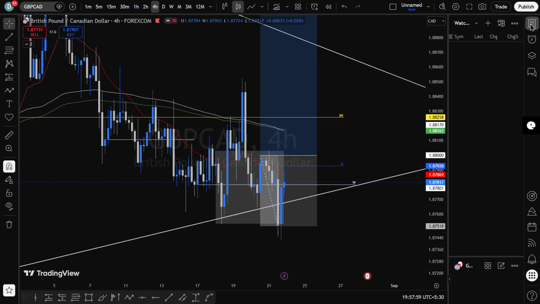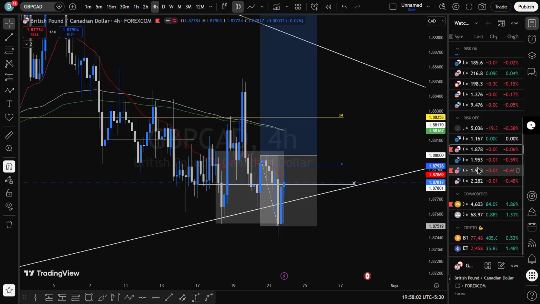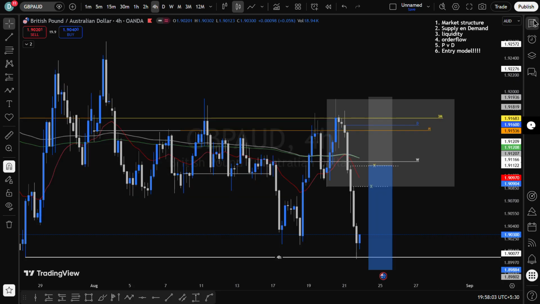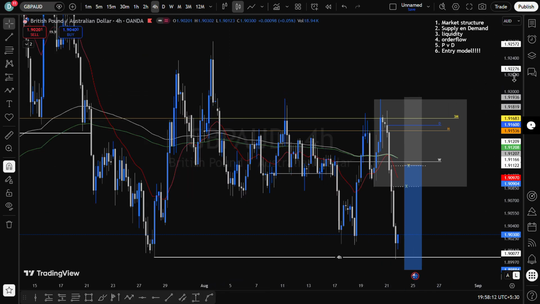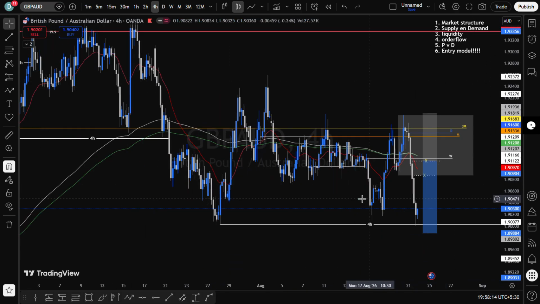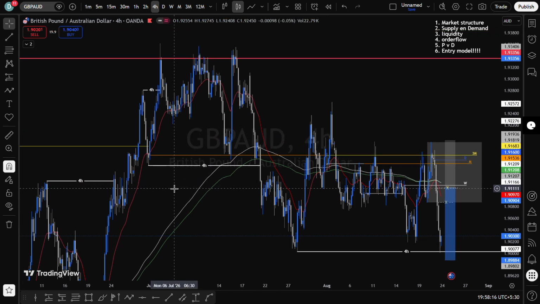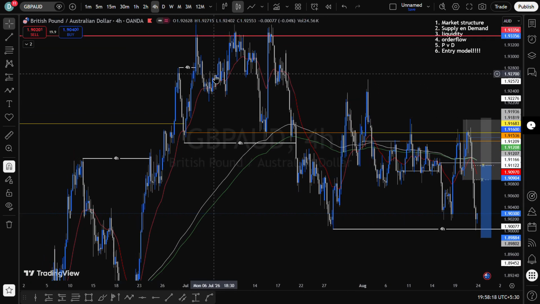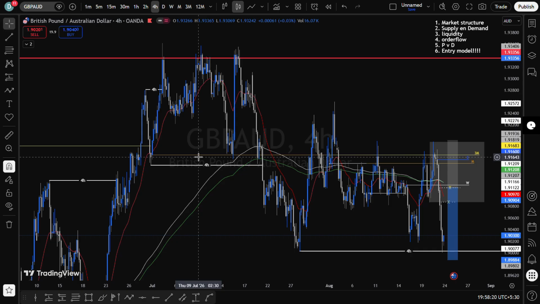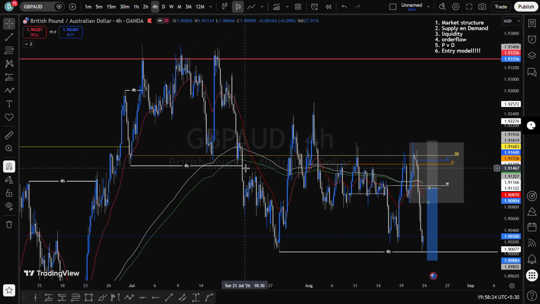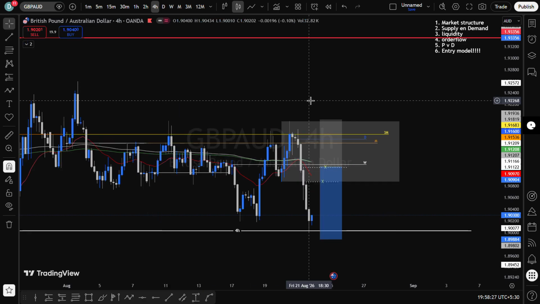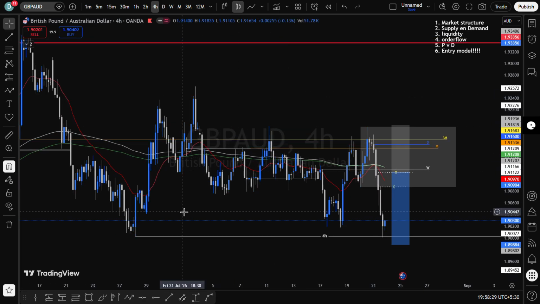And the second trade I'm eyeing is this GBP. My thesis is that GBP, the pound, is very weak against the AUD, and AUD is very strong. First it was going in a bullish trend, but after that it broke down and changed trend.